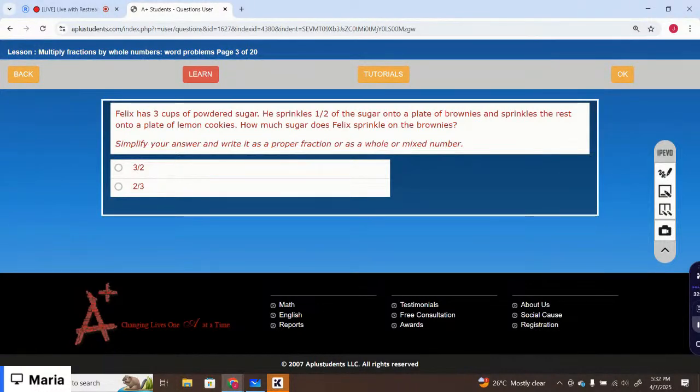So Alex has 3 cups of powdered sugar. He sprinkles half of the sugar onto a plate of brownies and sprinkles the rest onto a plate of lemon cookies. How much sugar does Alex sprinkle on the brownies?